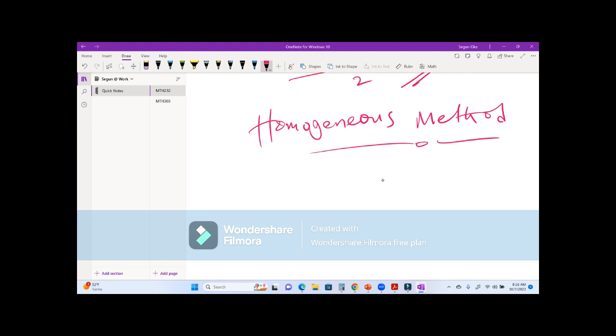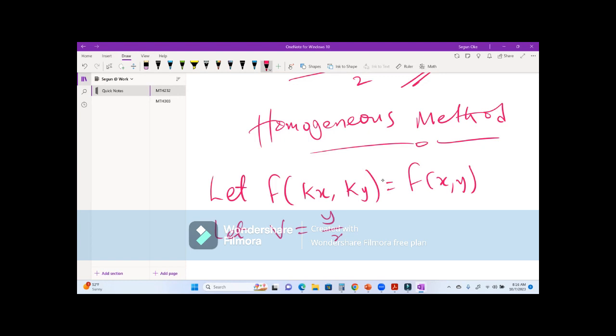Let f(kx, ky) equal f(x, y). Then we also let v equal y over x. You will know why we are doing this.